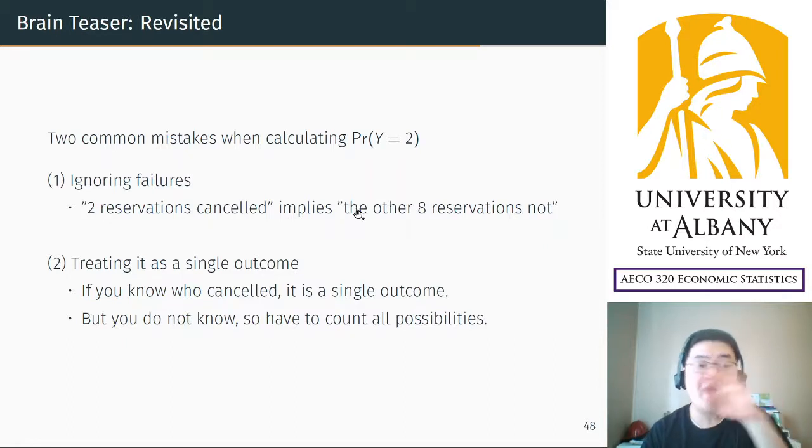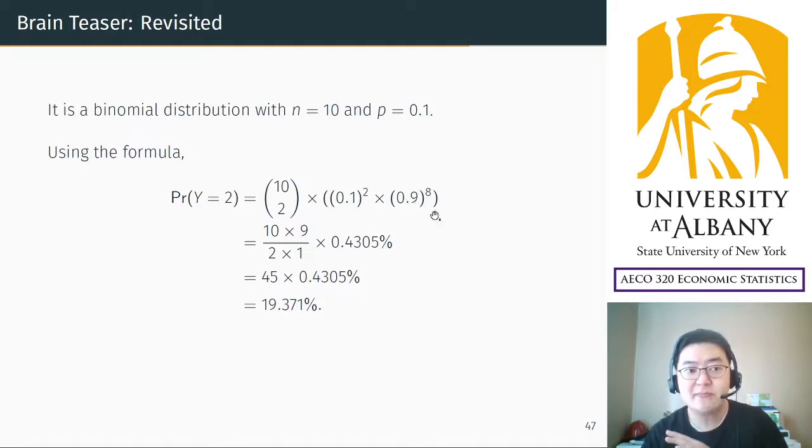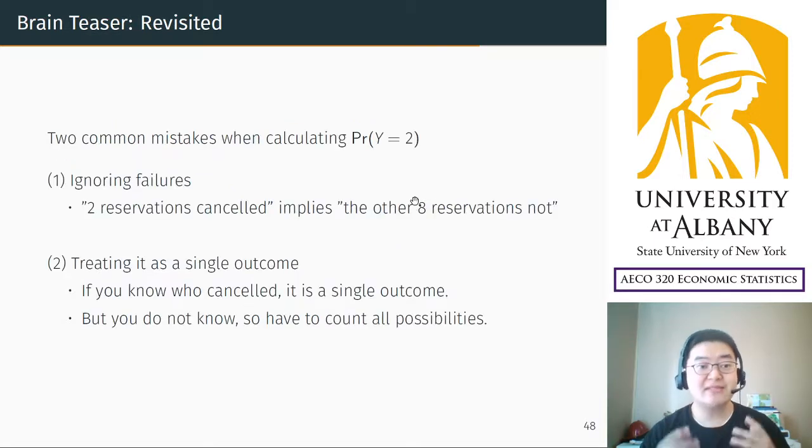When I'm only saying 2 reservations are canceled, you have to think about this probability too. You have to think about the probability that the other reservations are not canceled, which is this part. Often this part is ignored because I don't say that in the sentence, right? You have to catch those implicit events, implicit outcomes, when I say 2 cancellations, only cancellations.